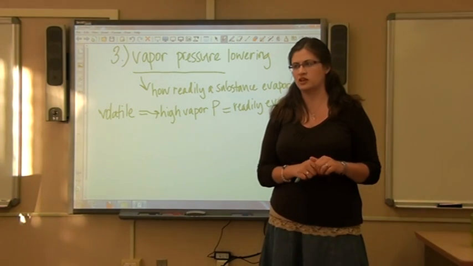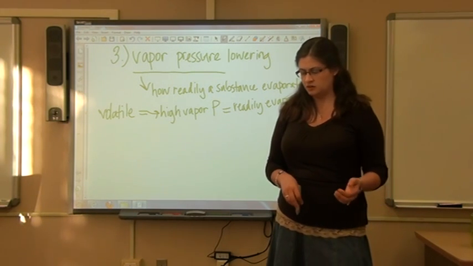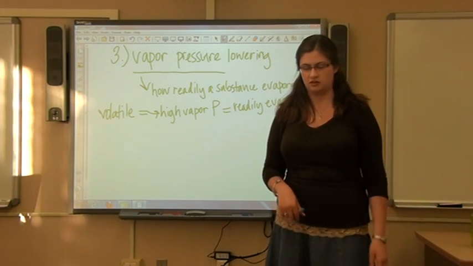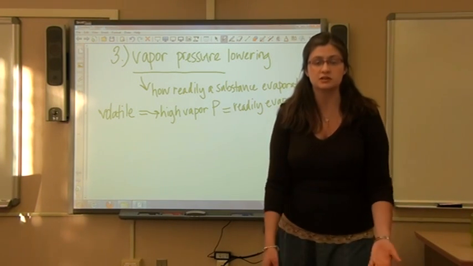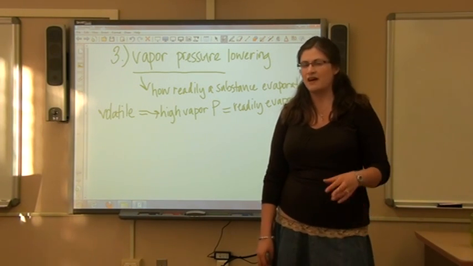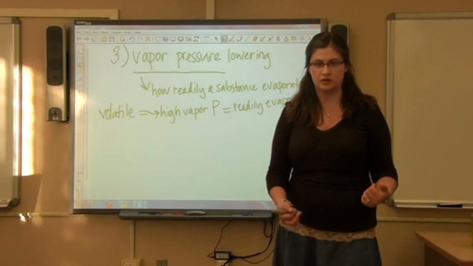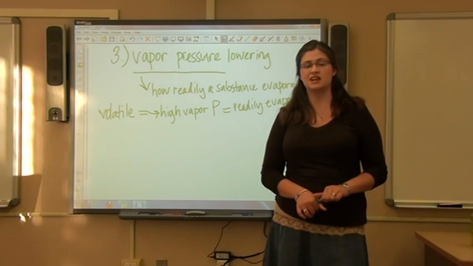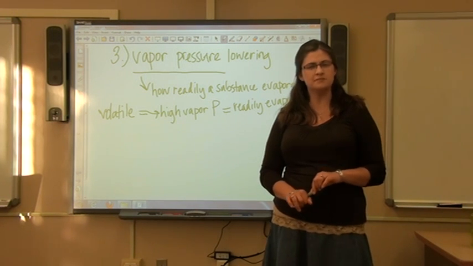Sometimes we hear that word in the common lexicon and we say, oh, that person's really volatile today, or gee whiz, that's a pretty volatile situation, meaning explosive. That's not the correct usage of the term in chemistry. Volatile just means that you have a high vapor pressure, or in other words, you evaporate quickly. Another something that has a high vapor pressure are the compounds that make fish stinky.